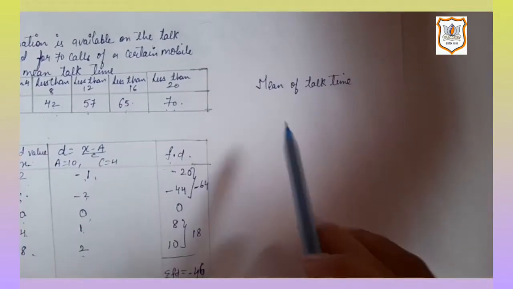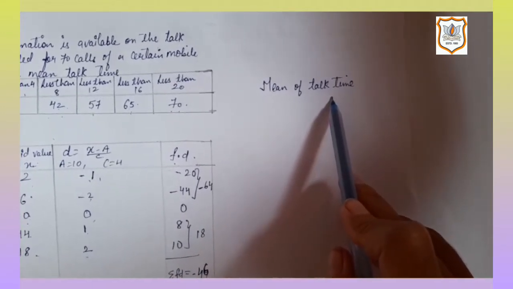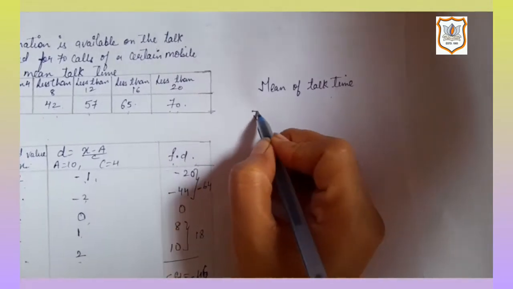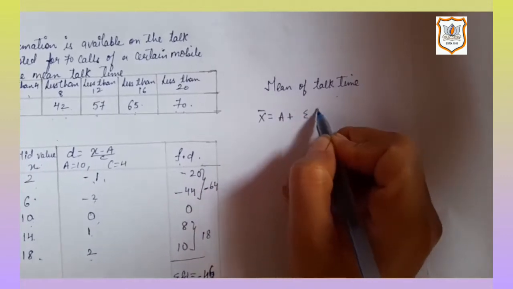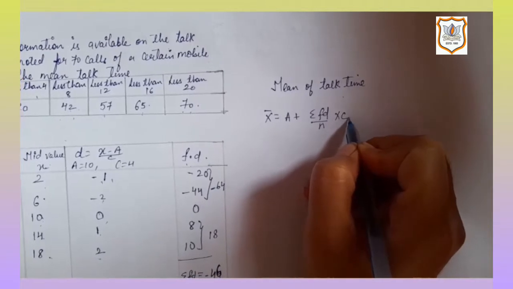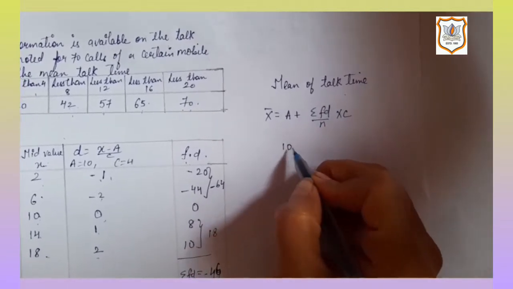Now we are going to find the mean of talk time, and the formula to find the mean by the shortcut method is x bar is equal to assumed mean plus sigma fd upon n into c. So now we are going to put the values. A we have taken 10 in this sum.